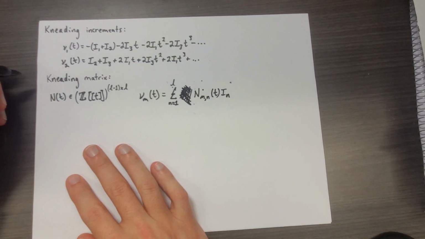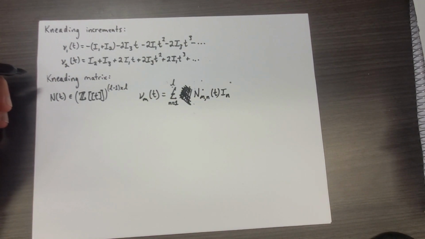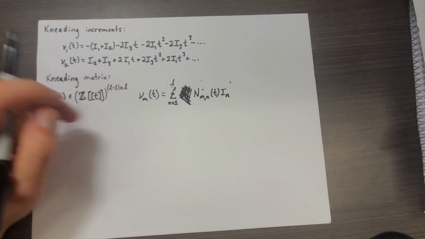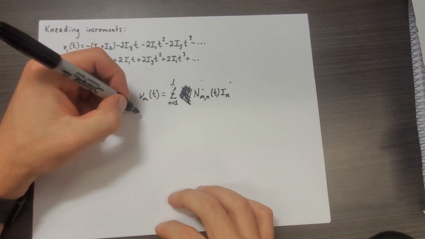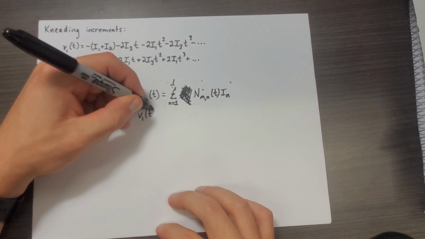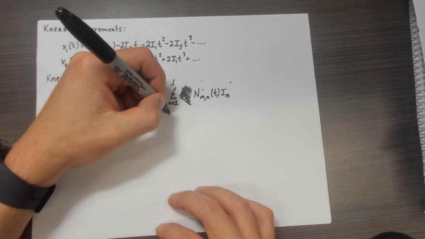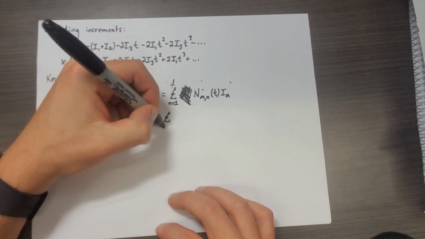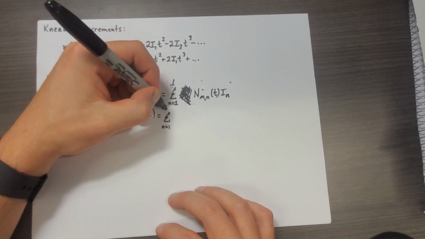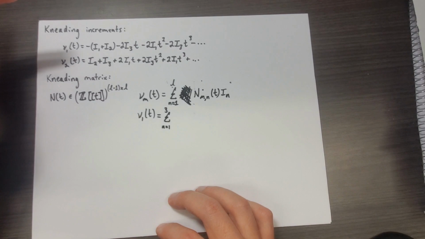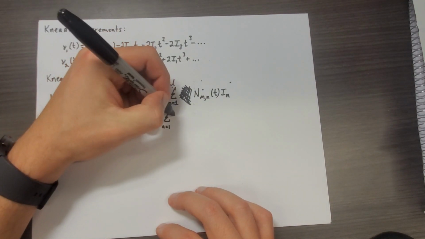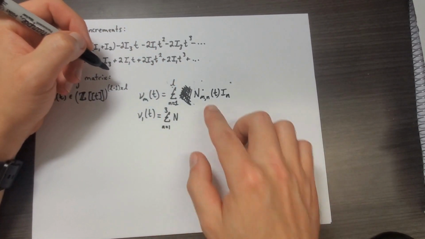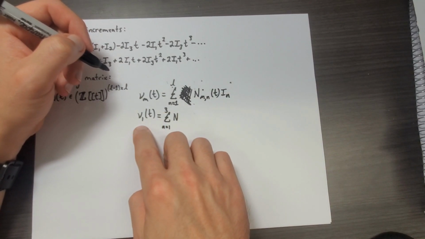Maybe to be explicit, I can write out nu 1 and nu 2 this way. So nu 1 is going to go from n equals 1 to 3, because we have L being 3 in our case. The mth, so m is 1 in our case.